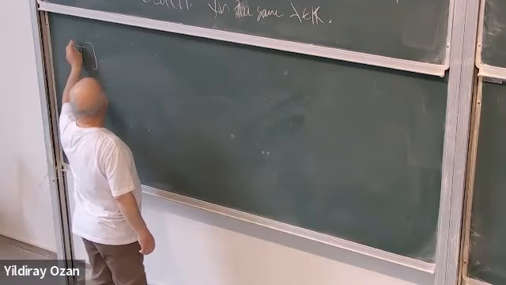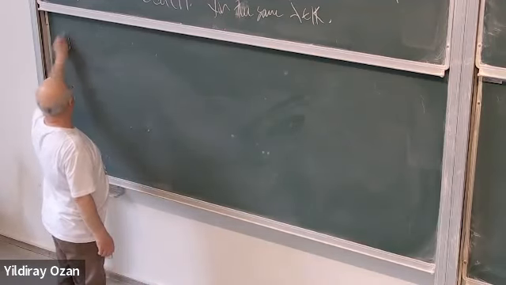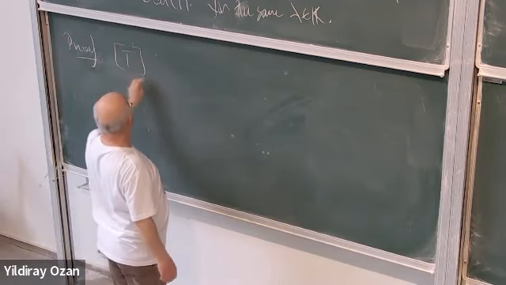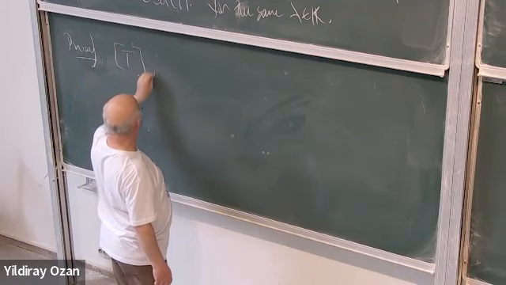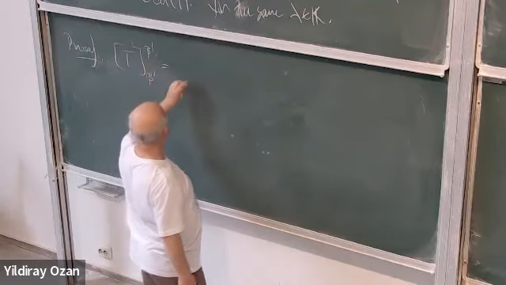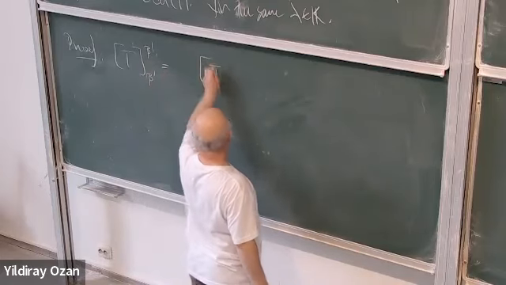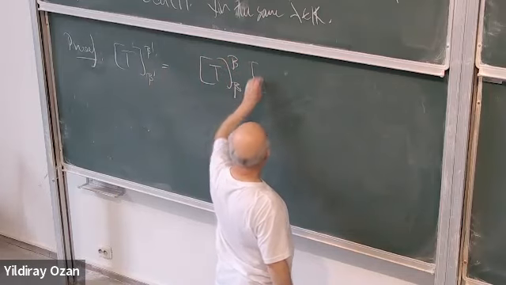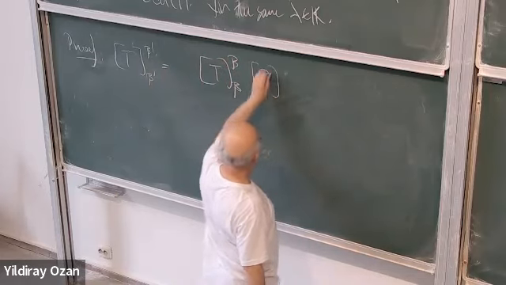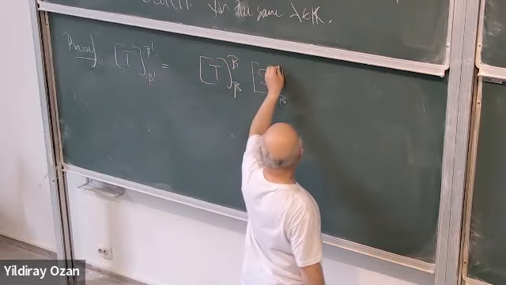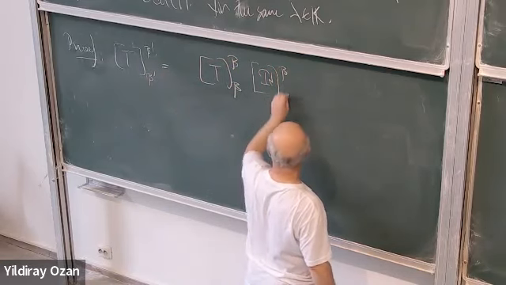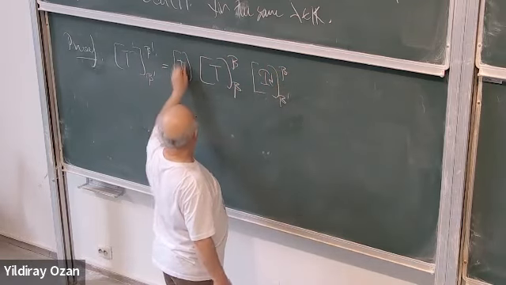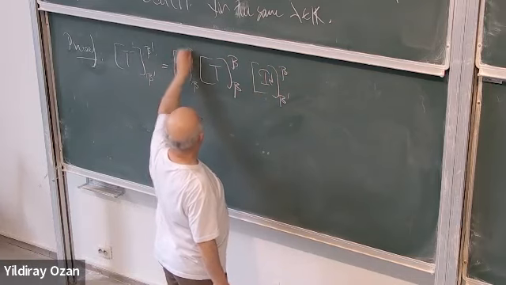So the matrix representation of T in the basis beta prime is just the matrix representation of T from beta to beta, and then here I have the identity operator from beta prime to beta, and then the identity from beta to beta prime.